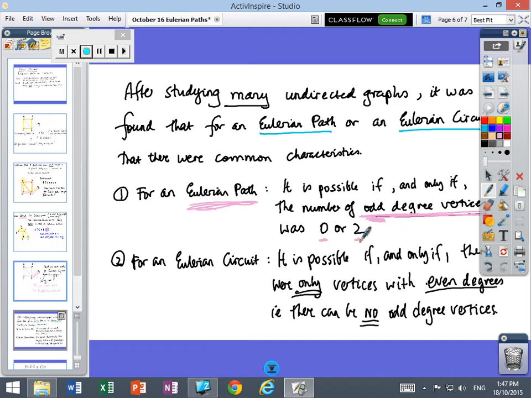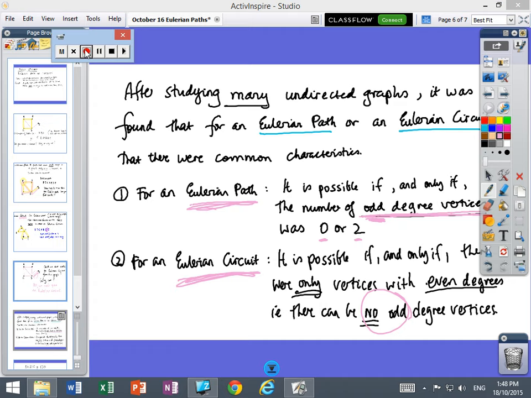But for an Eulerian circuit, you can have no odd degrees, absolutely none. So for an Eulerian path, you can have none or two, but to make a circuit, you're not allowed to have any odd degree vertices at all. I suggest you put that in your cheat sheet and lock it away, because that's gold.